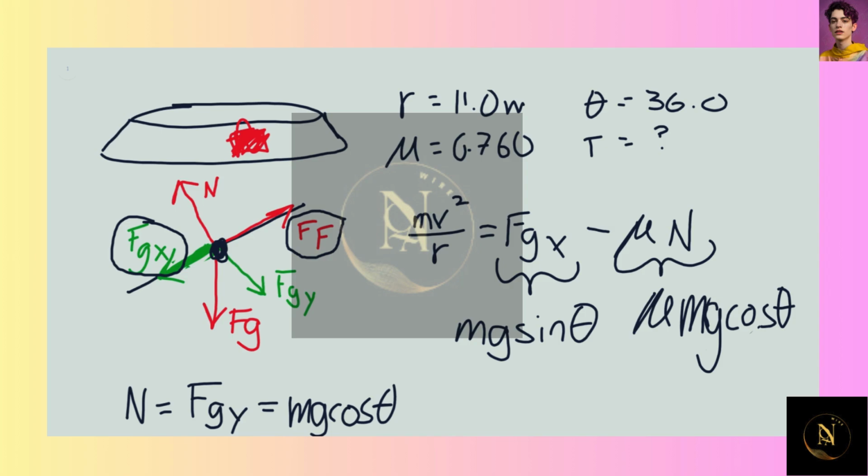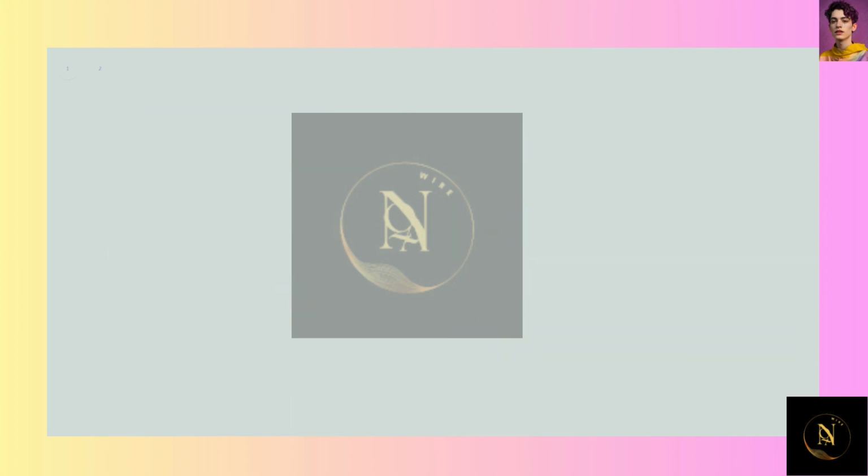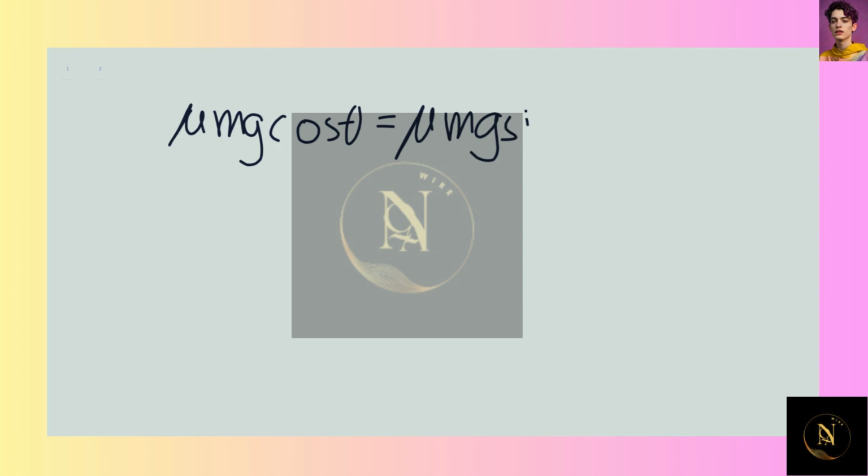Now, when we rearrange all of this, we find that mu mg cos theta is equal to mg sine theta plus mv squared over r. And now we can rearrange this to solve for v.